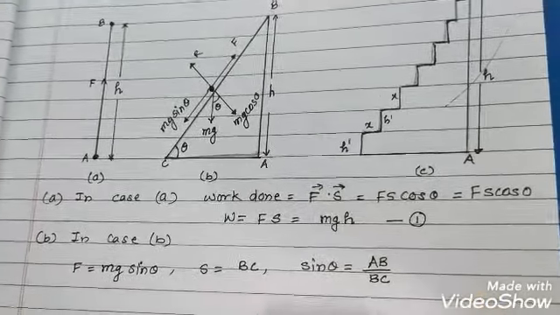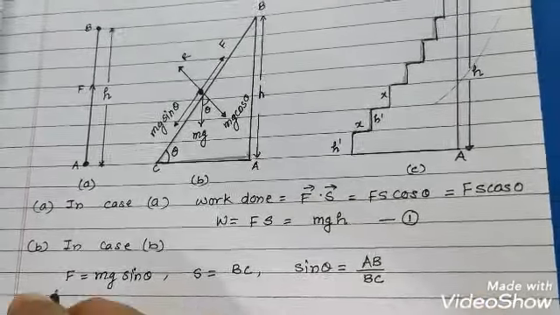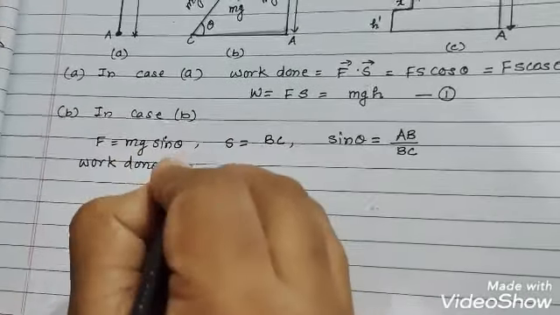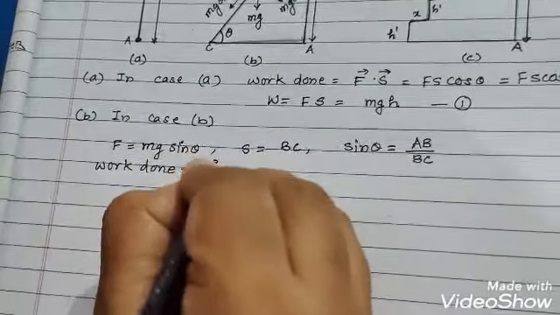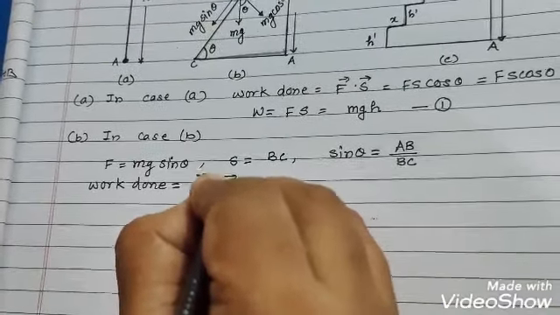Now we are going to calculate the work done in this case. So the work done will be equal to force into displacement, F dot CB. So this is CB or BC, whatever you can write.